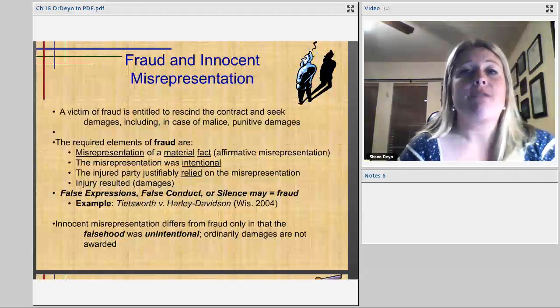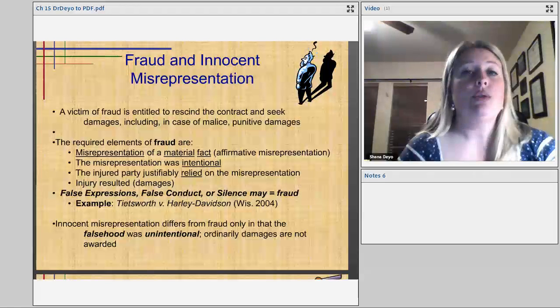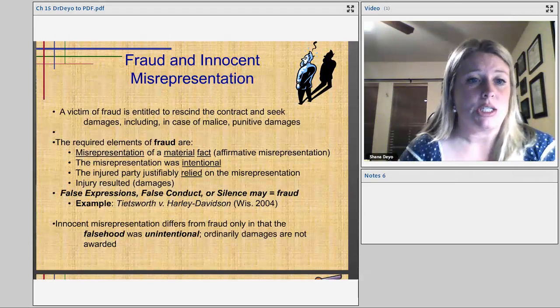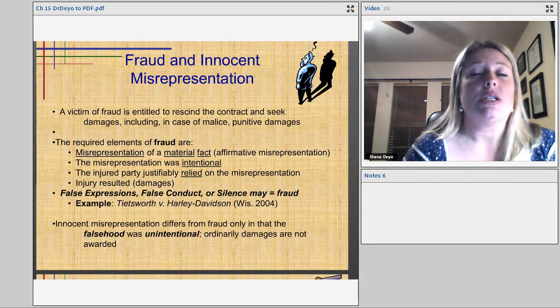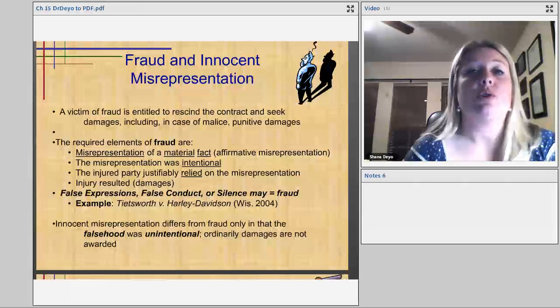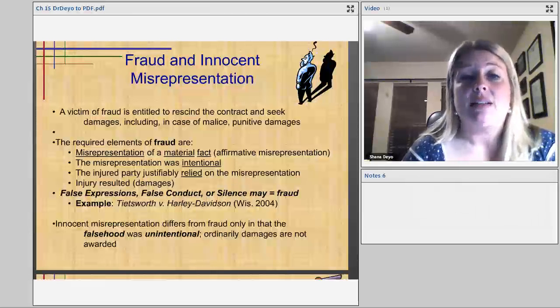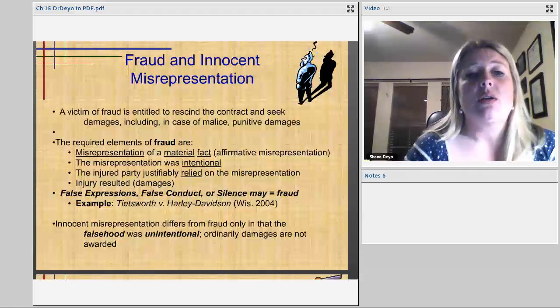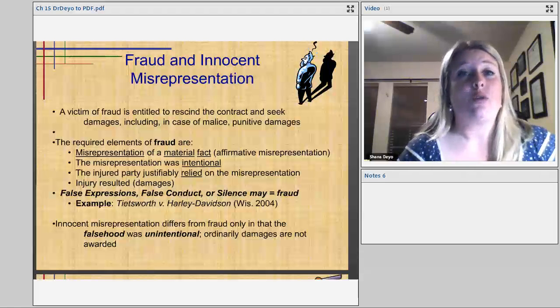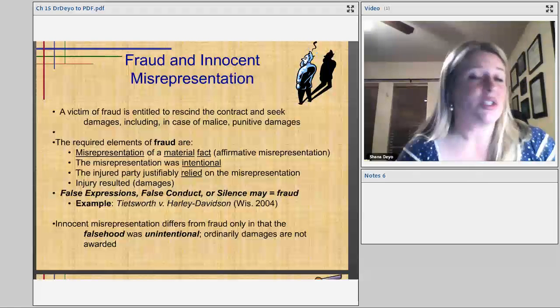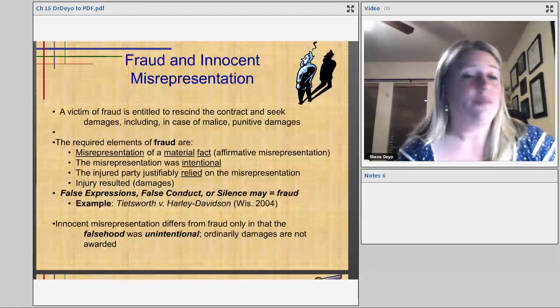That has to be an affirmative misrepresentation, so a communicated misrepresentation. The misrepresentation is intentional, and the fraud was relied upon to the extent that someone is going to end up having damages.